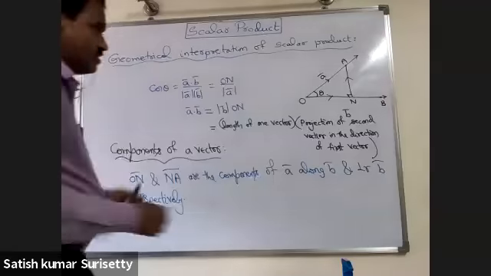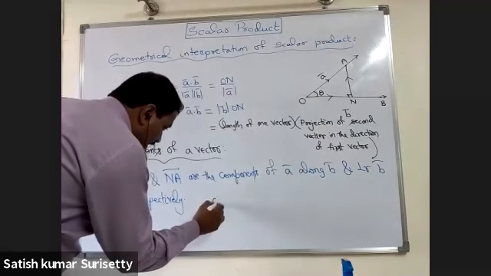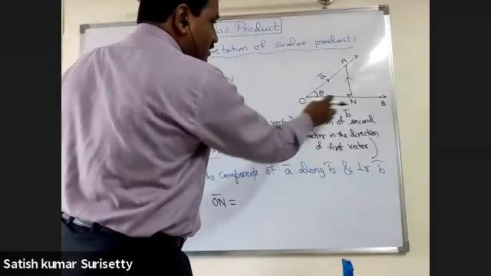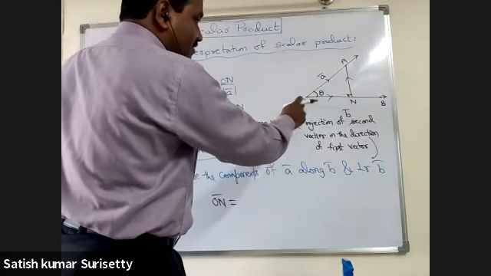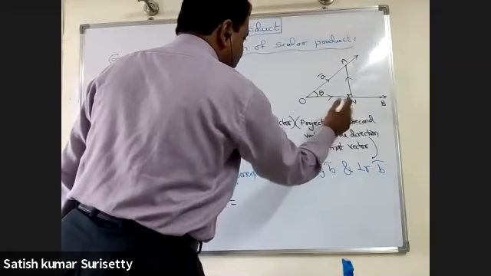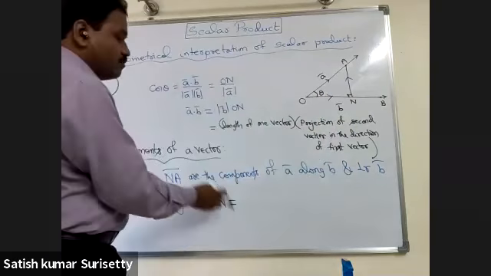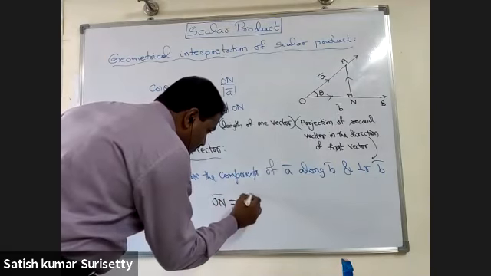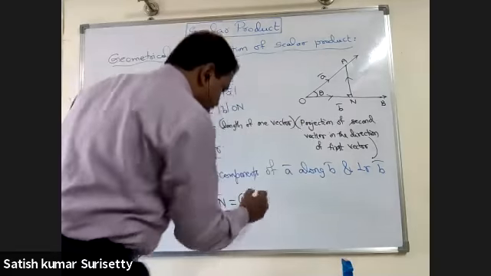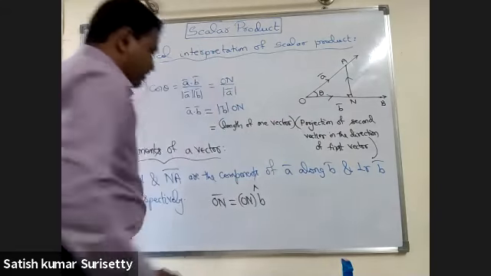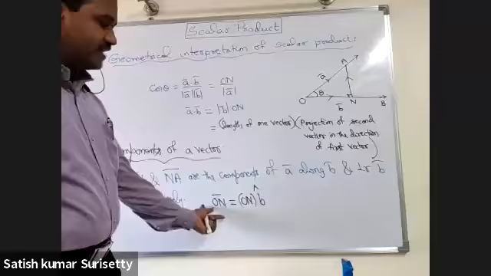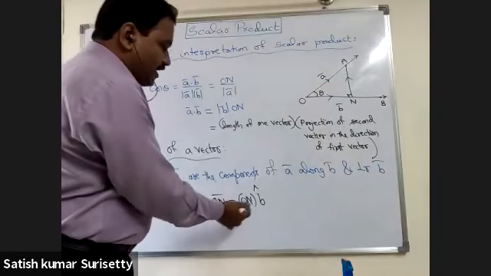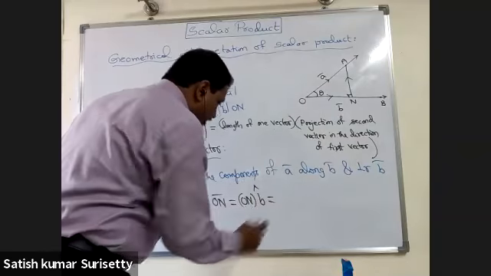Now here, ON bar is a vector whose magnitude is ON in the direction of the vector B bar. That means ON bar I can write as magnitude ON into unit vector. That is, ON bar is a vector whose magnitude is ON in the direction of B bar. So that's why ON bar equals ON into B cap. But ON is what?